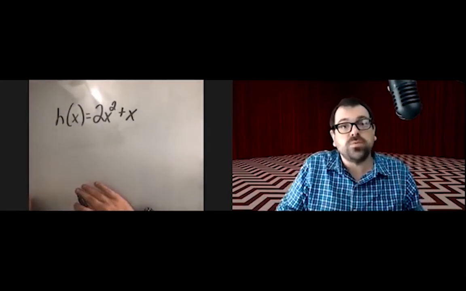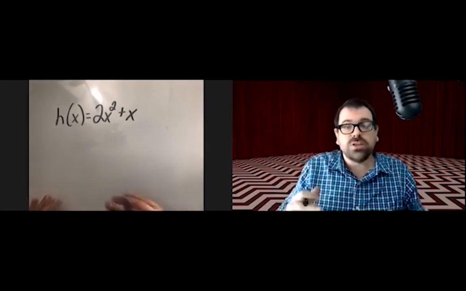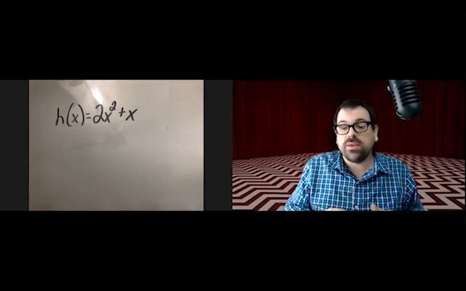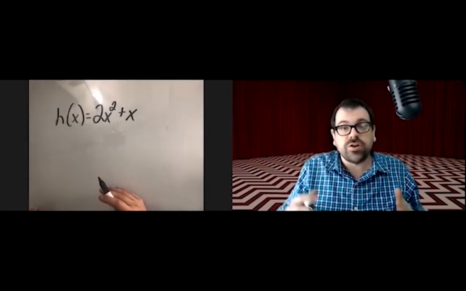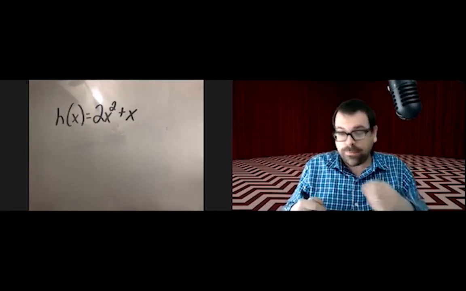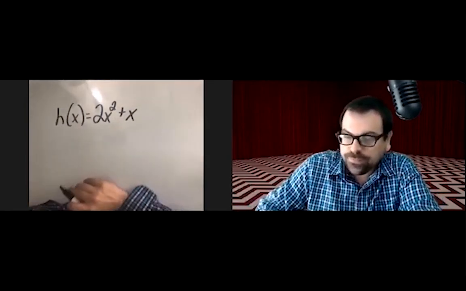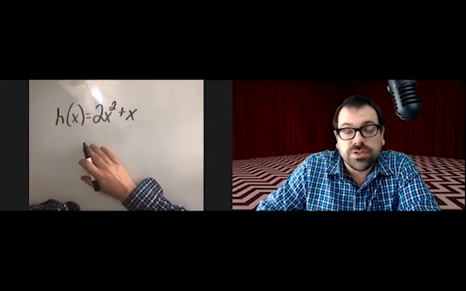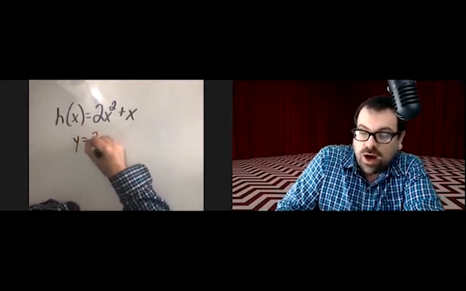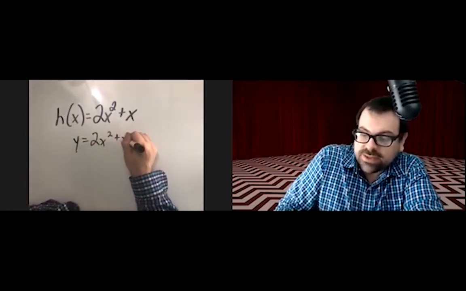I'm going to do the basic rules first, and if that works for you, great. If the function notation stuff works for you, that's great too. So first, I'm going to pretend we have y and x. I'm going to use our basic rules.